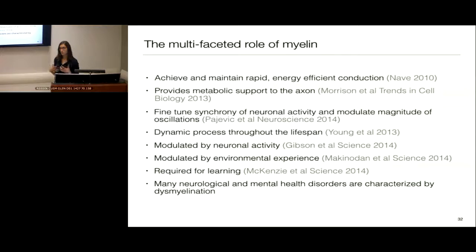But by discussing with this group, who are really interested in brain plasticity, I found out a lot of new things about myelin. These last couple of studies are really groundbreaking work done in animal models. We now know that, for example, myelin is responsible for the fine-tuning of synchronized neural activity and modulates the magnitude of oscillations.